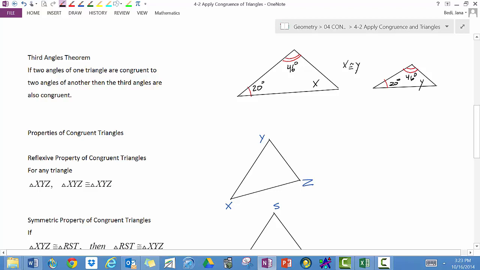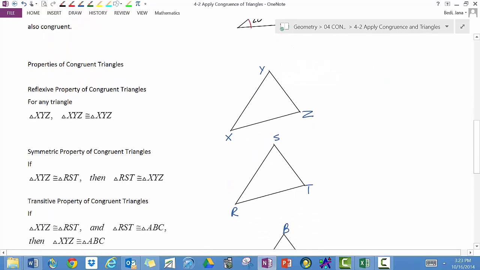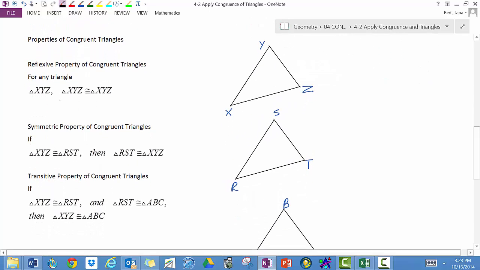Properties of congruent triangles. The reflexive property says for any triangle, triangle XYZ is congruent to triangle XYZ. Remember, reflection is when you have a mirror, you see the same thing on both sides of the congruent sign. The symmetric property will now have two triangles involved, triangles XYZ and RST. If triangle XYZ is congruent to triangle RST, then triangle RST is congruent to XYZ.